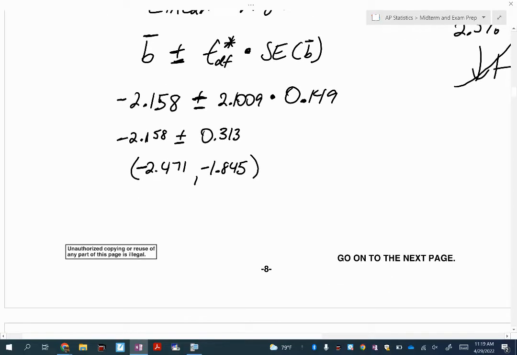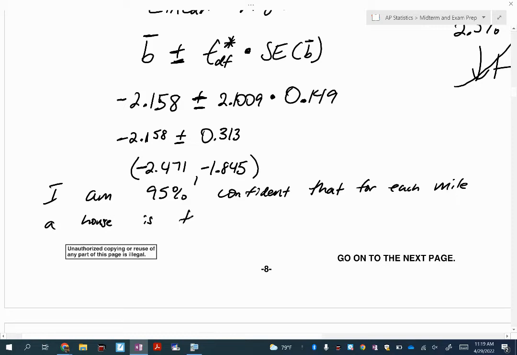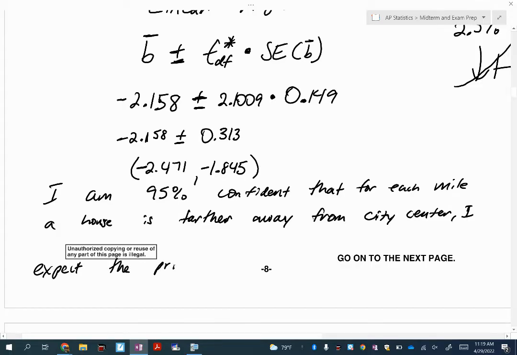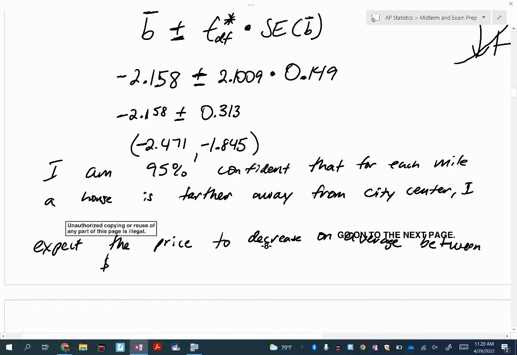All right, don't forget to do the sentence here. I am 95% confident that for each mile a house is farther away from the city center or downtown, I expect the price to decrease on average between $1,845 and $2,471.